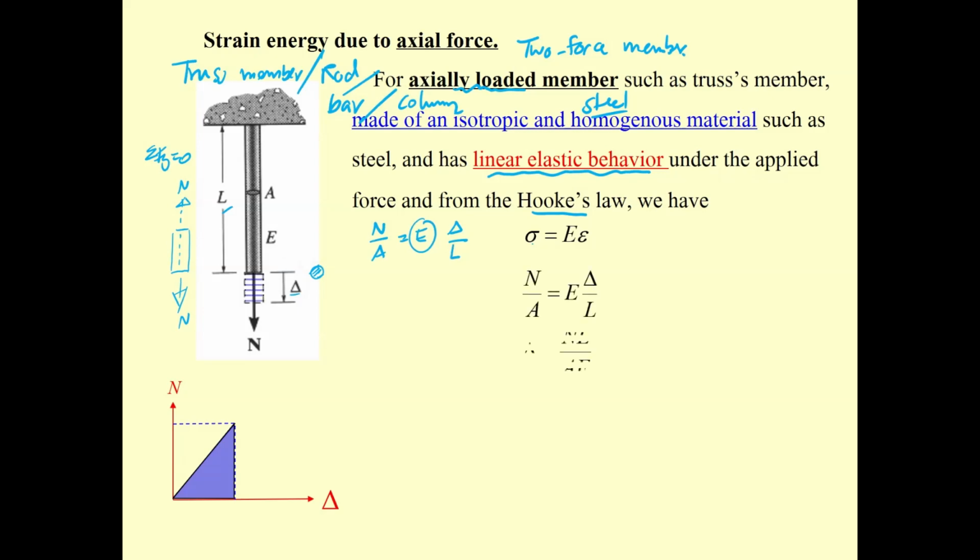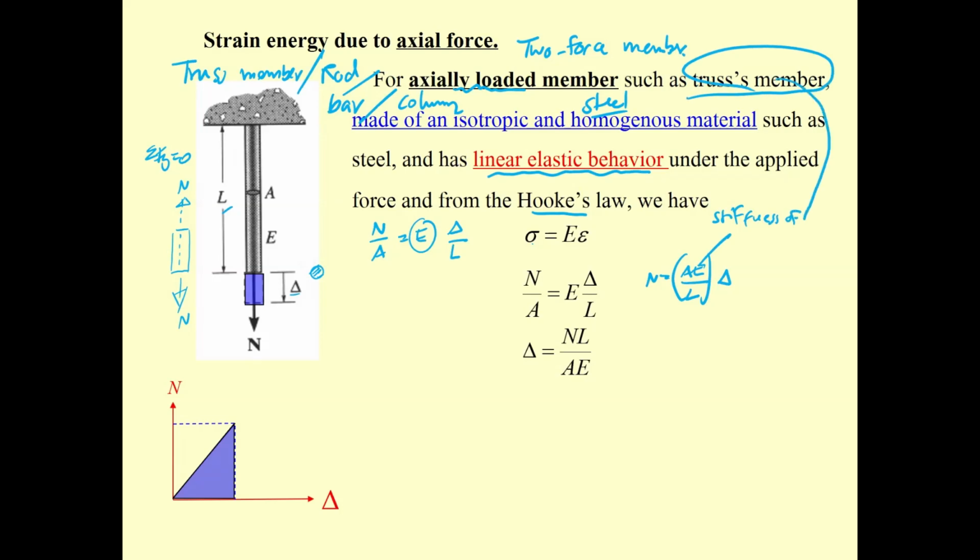Now, you may think of delta equal to NL over AE, as Ajahn just mentioned, or you may think of N equal to AE over L times delta, and this one is going to be the stiffness of the truss member.